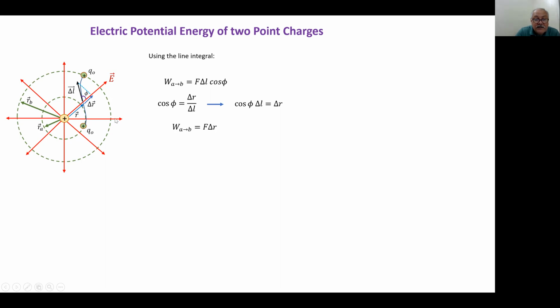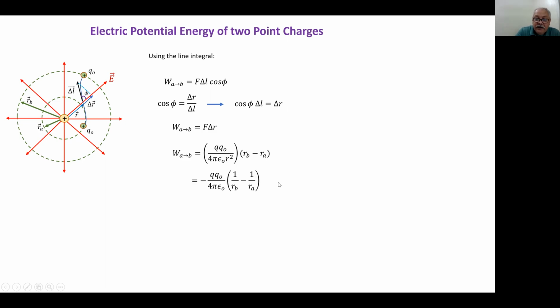At the end, it's going to be only from this line to this line, delta R. Then we use Coulomb's law. It's equal to Q naught divided by 4 pi epsilon naught R squared, times this difference, because this delta R is RB minus RA, correct?